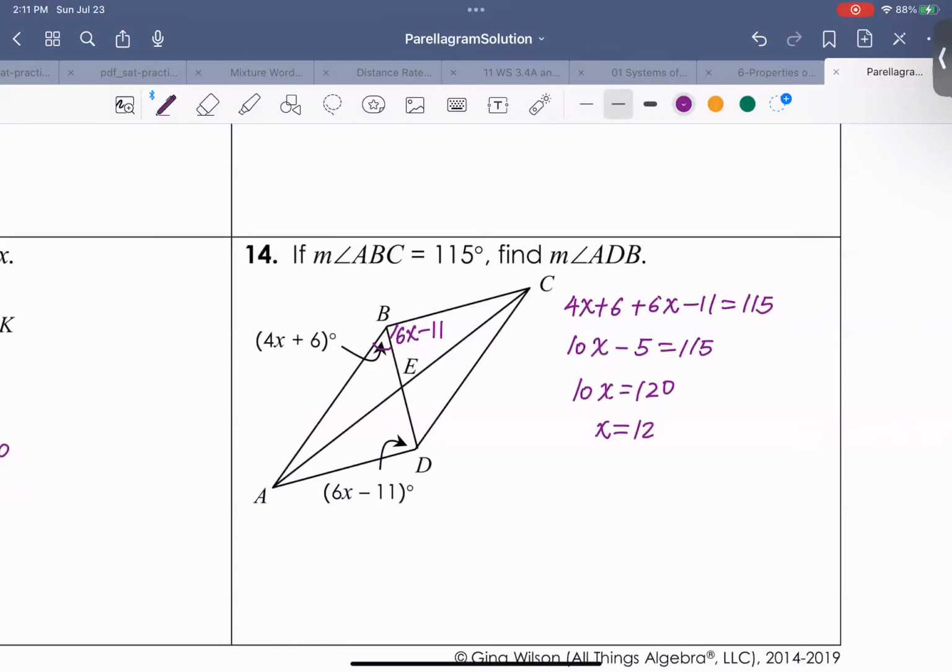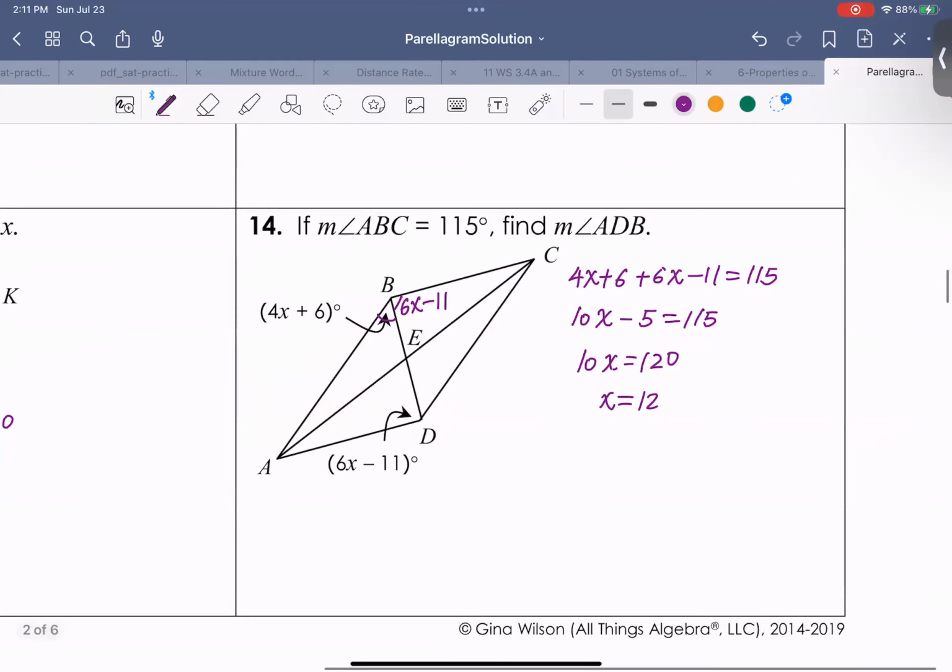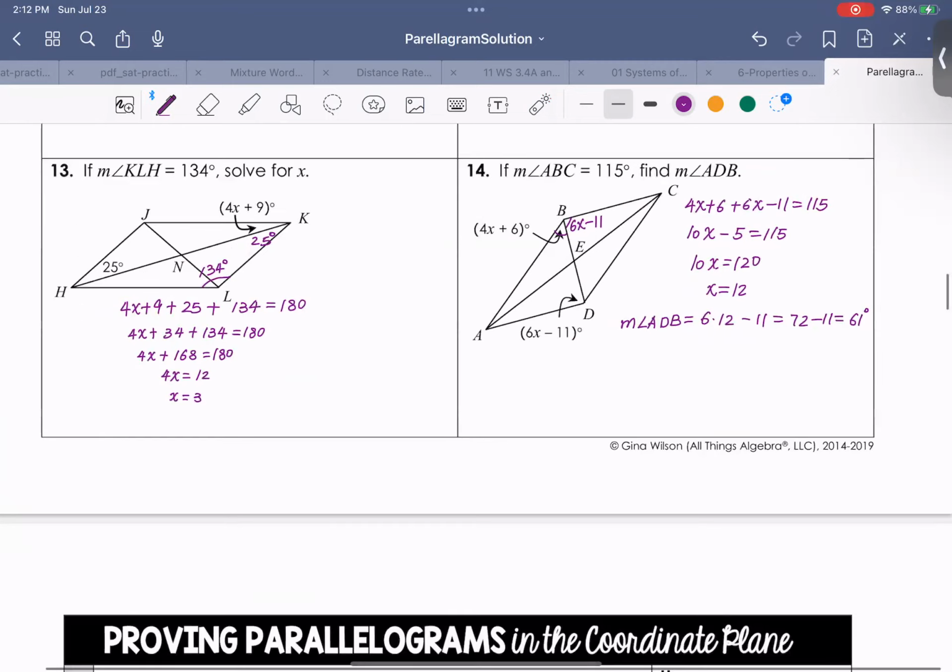And then let's get the ADB. 6 times 12 is 72. Minus 11 is equal to 61. Good job. Very good.